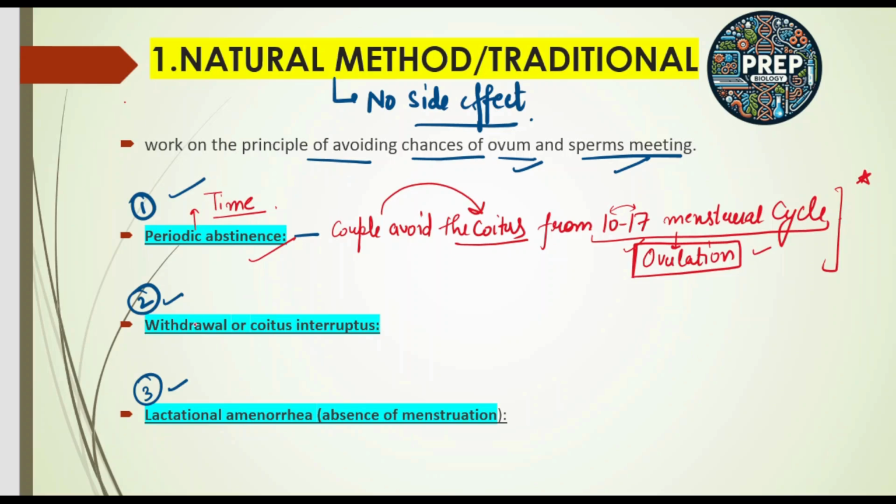The second important method under the natural or traditional method is withdrawal or coitus interruptus.